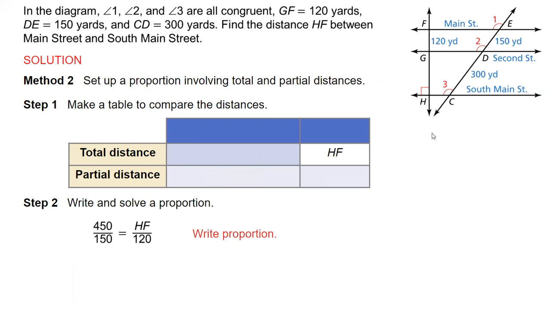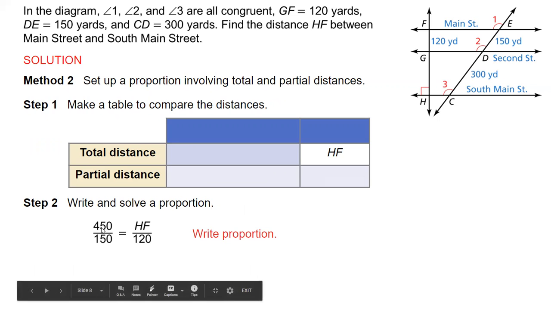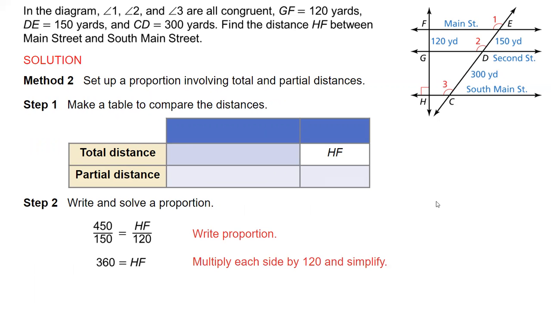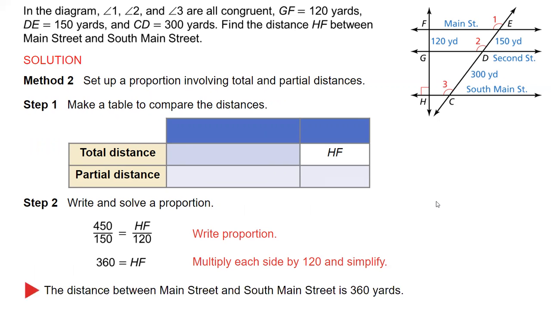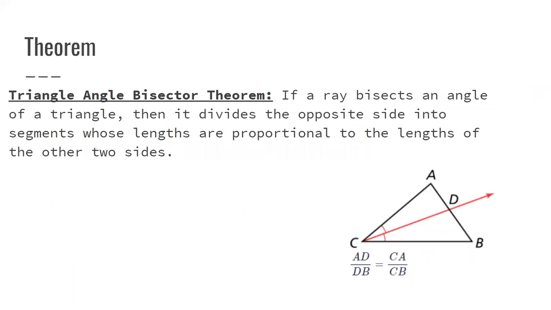Create a proportion of adding your total distance of C and E, which you get from 150 plus 300 to get 450, and then your DE is 150. The 120 comes from your GF, and then you would cross multiply and solve to get 360. Either method gives you the exact same answer, so it does not matter which one you choose, whether you're using a partial over total or just partial for all of them consistently.